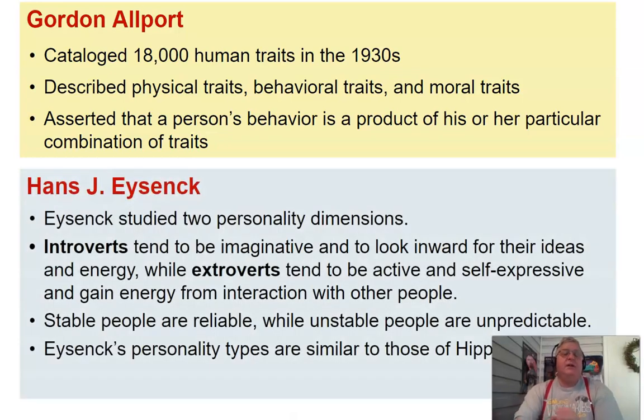Hans Eysenck studied two personality dimensions: introverts tend to be imaginative and look inward for their ideas and energy, while extroverts tend to be active and self-expressive and gain energy from interaction with other people. Stable people are reliable, while unstable people are unpredictable. Eysenck's personality types are similar to those of Hippocrates.